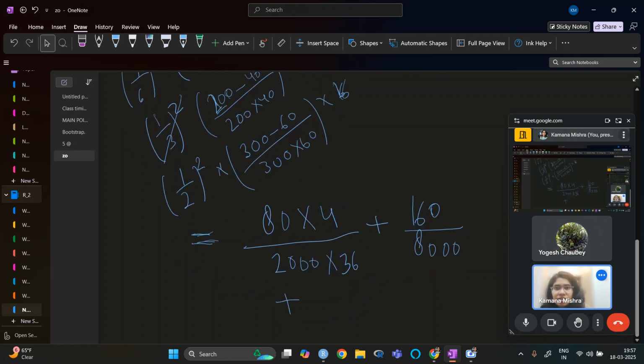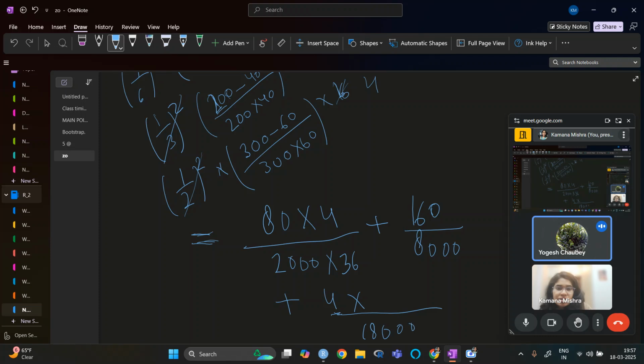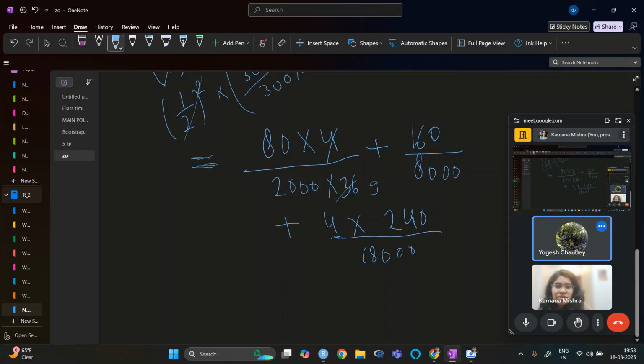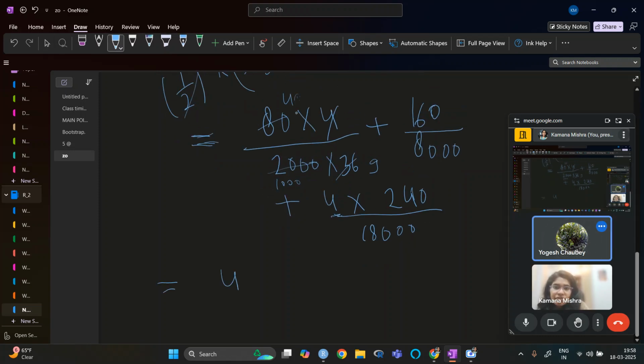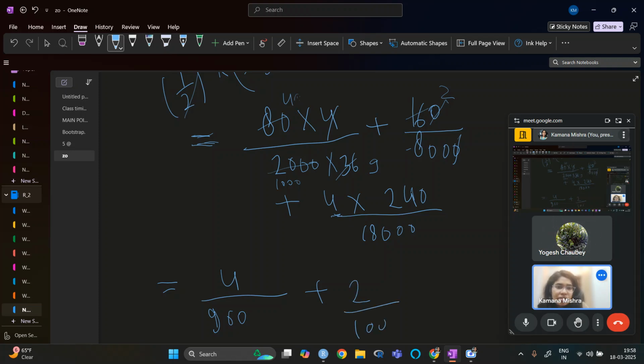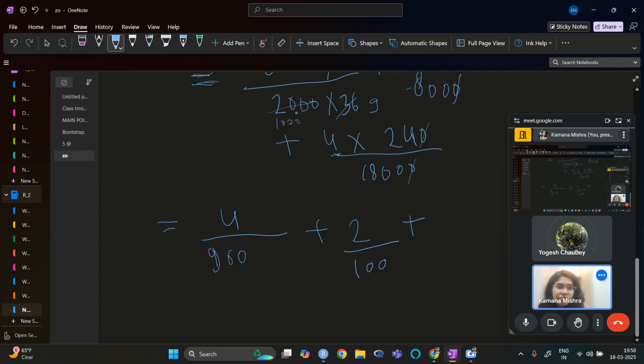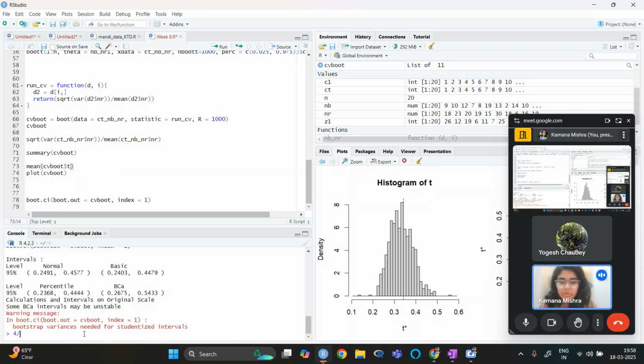Then 300 minus 60 is 240, times 16 divided by 18,000. Simplifying, it is 4 by 900 plus 2 by 100 plus 4 times 24 by 1800.